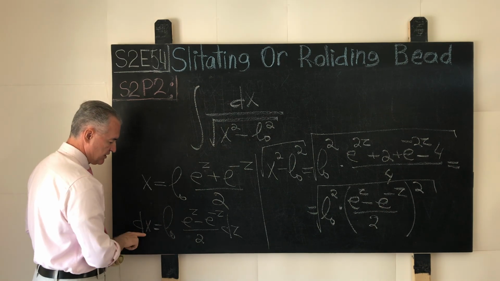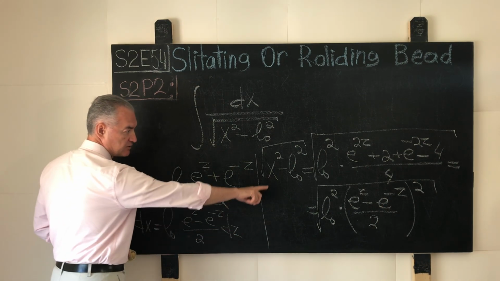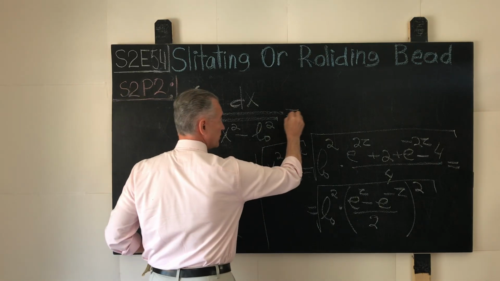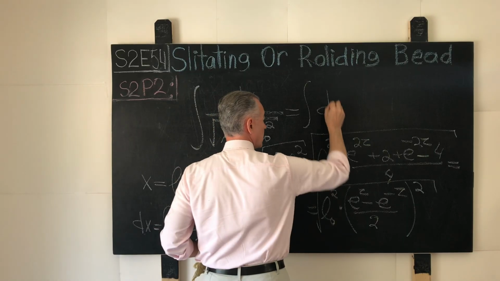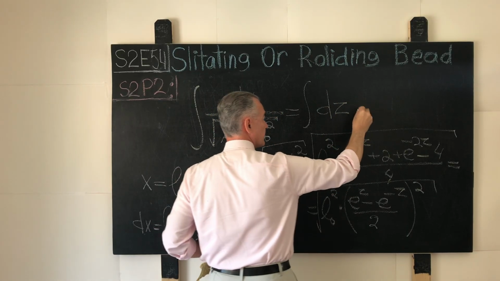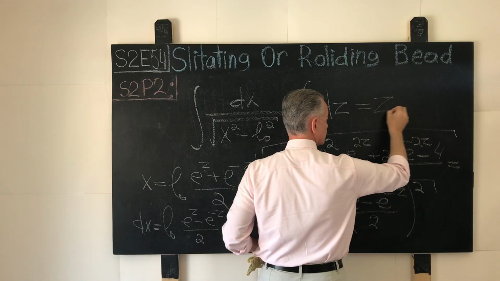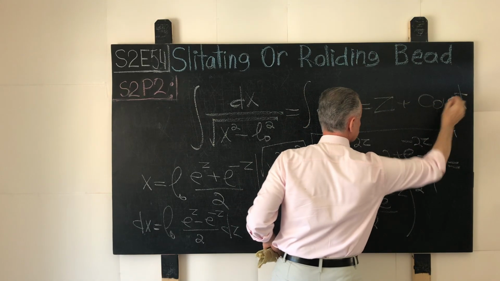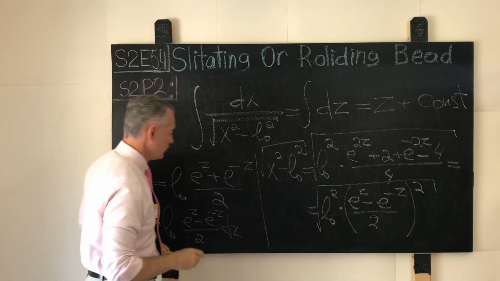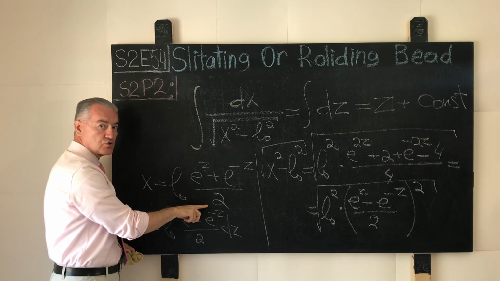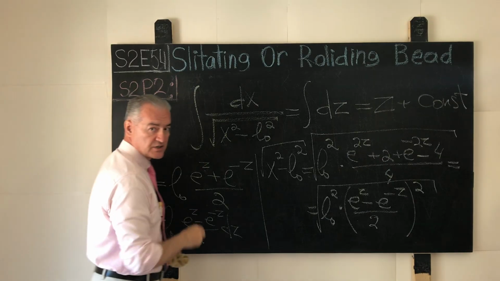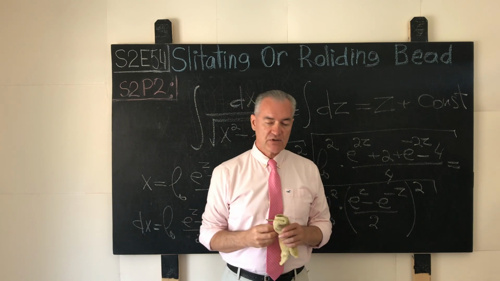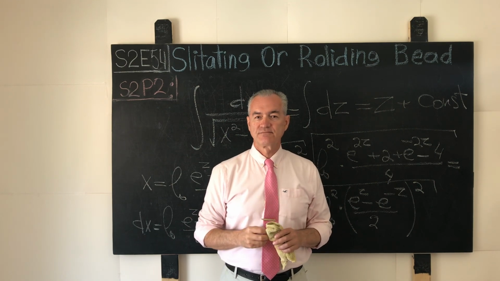That means that when dx in terms of dz is divided by the square root of the difference of squares, what will we have left? We'll have left nothing but dz, and this is triviality itself. This is equal to z plus some silly integration constant, and now all we have to do is perform the reverse substitution and obtain an equation that expresses the new variable z in terms of the original dummy integration variable x.